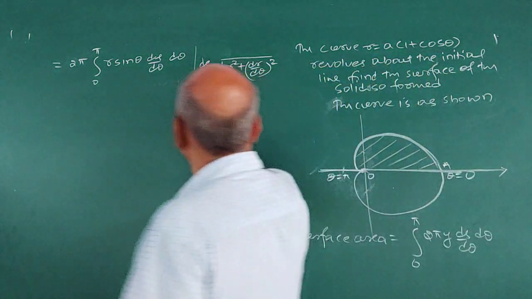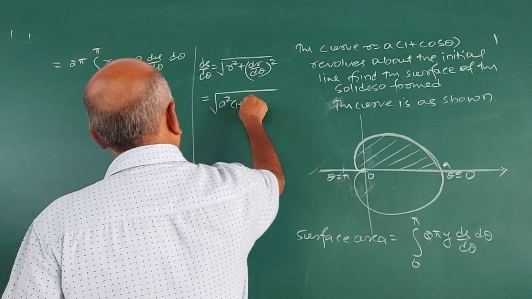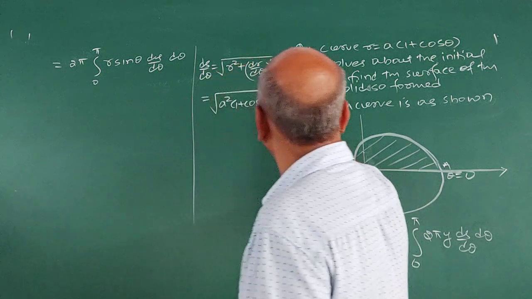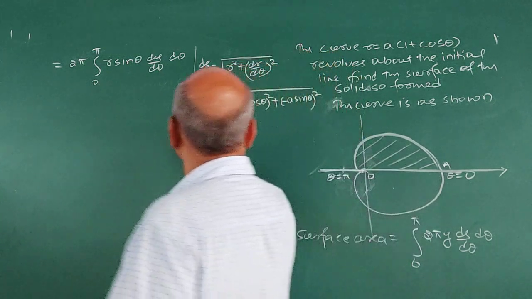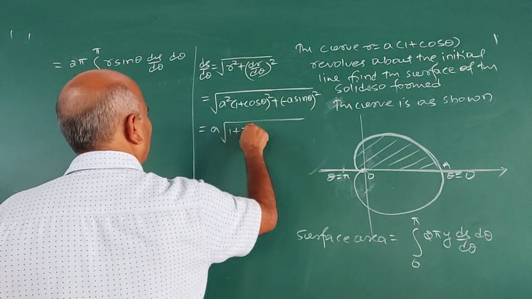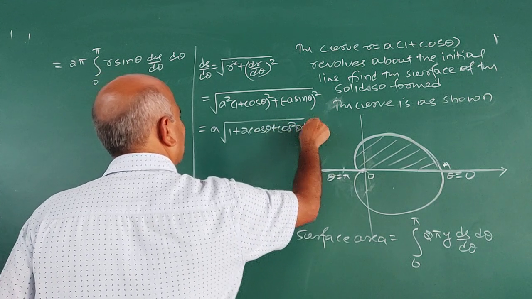Yes. It is therefore square root of r square, a square into 1 plus cos theta whole square, plus dr by d theta is minus a sin theta whole square. You simplify this, you will get a times square root of 1 plus 2 cos theta plus cos square theta plus sin square theta.